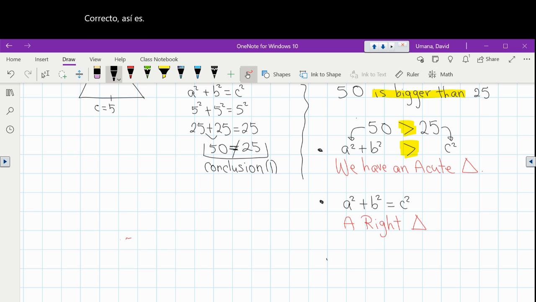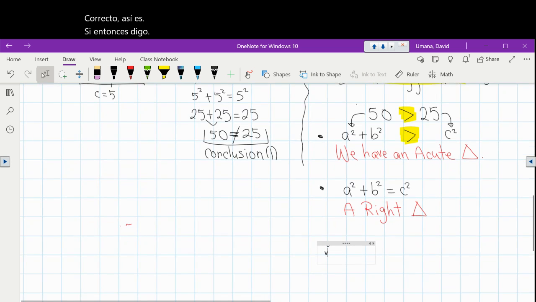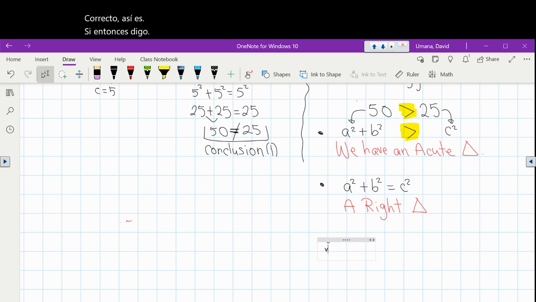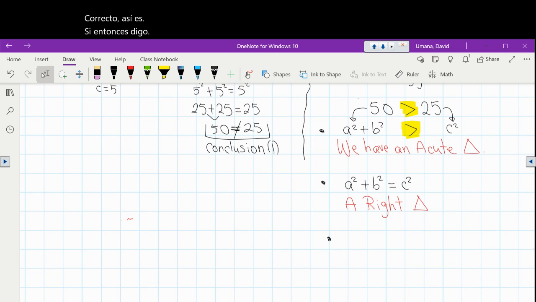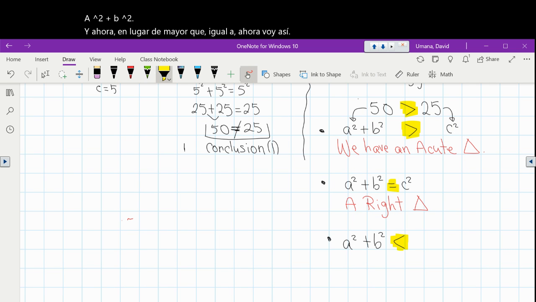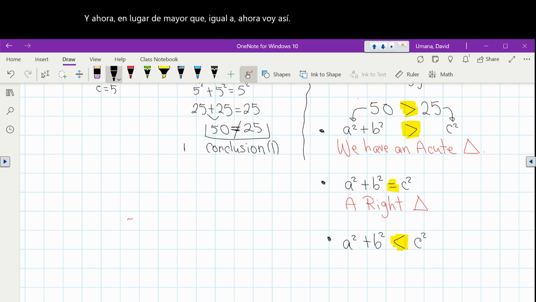If I then say a squared plus b squared, and now instead of greater than, equal to, I now go like this. I have an acute triangle. I have a right triangle.